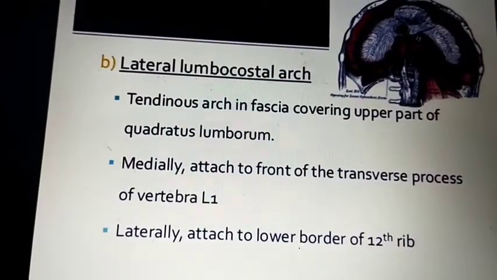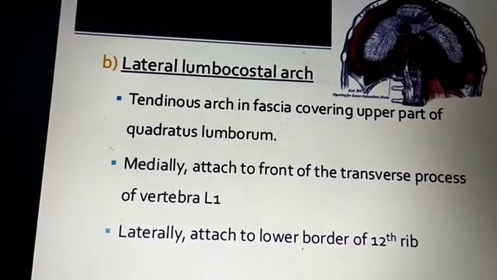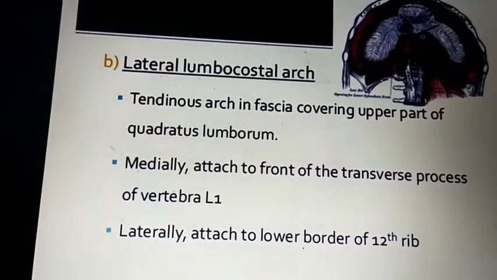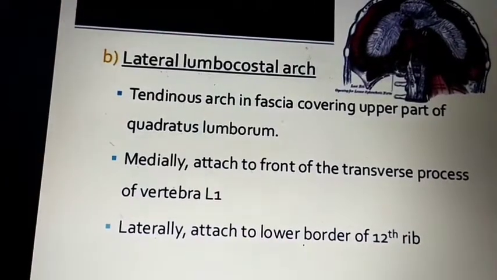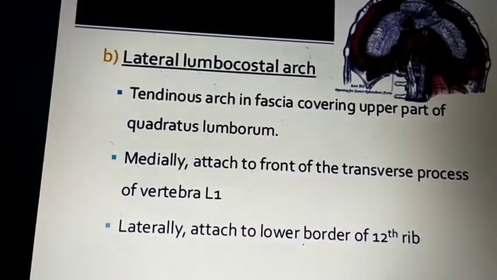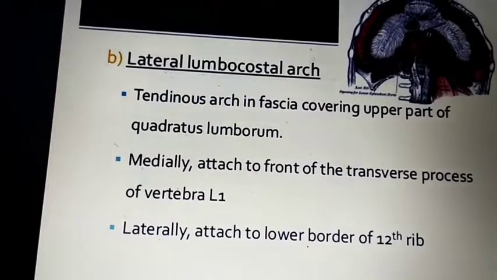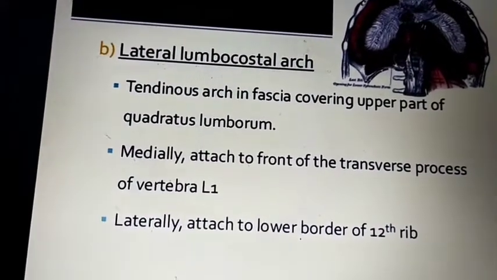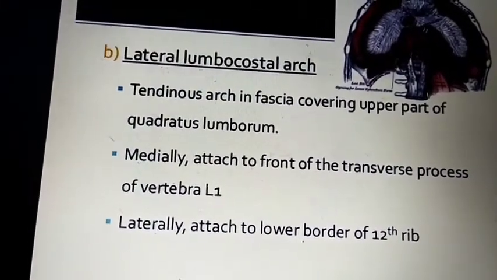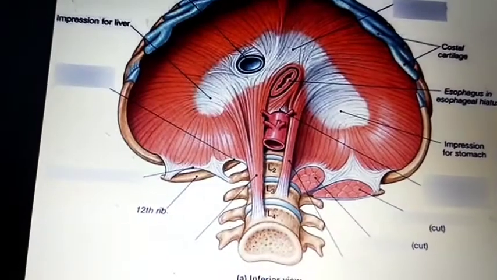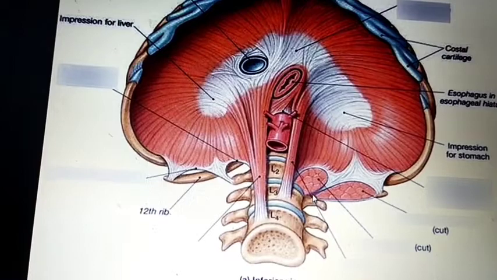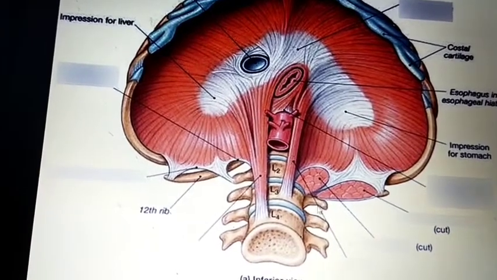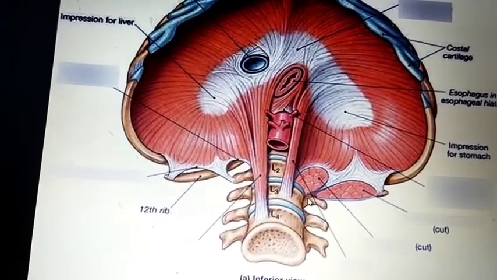It's a tendinous arch of the fascia covering the upper part of the quadratus lumborum muscle, medially attached to the front of the transverse process of vertebra L1, and laterally attached to the lower border of the 10th rib. You can see this is the origin of the lateral lumbocostal arch.